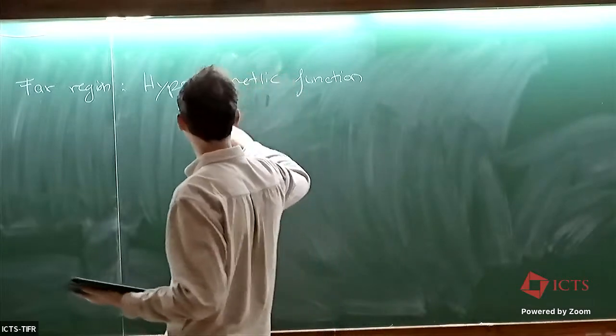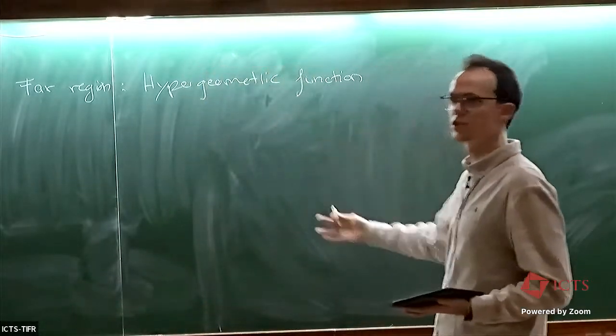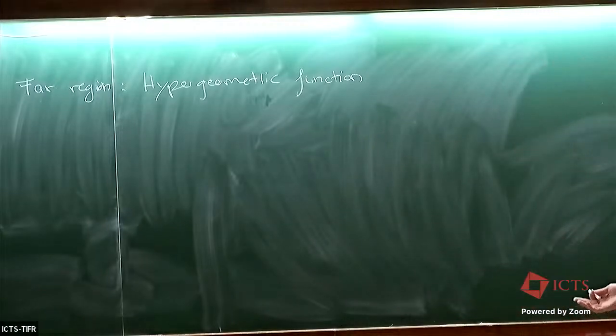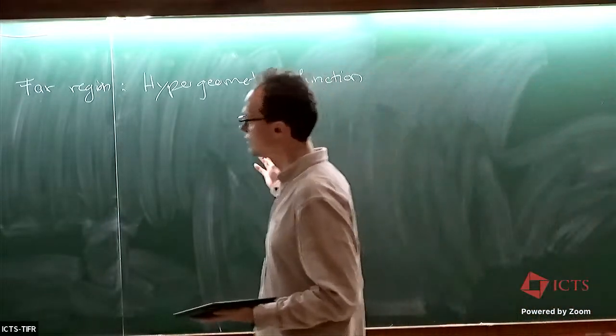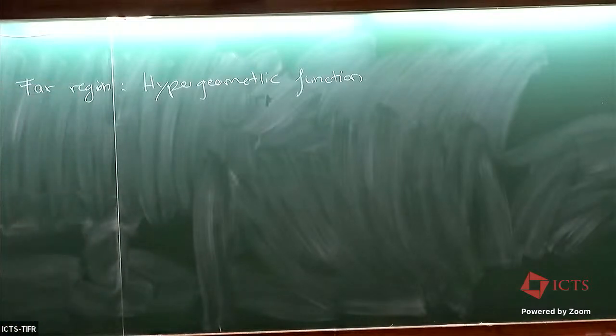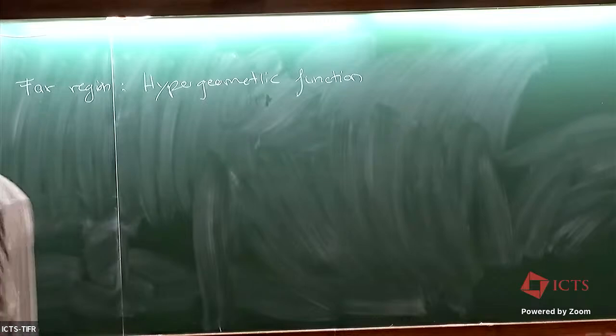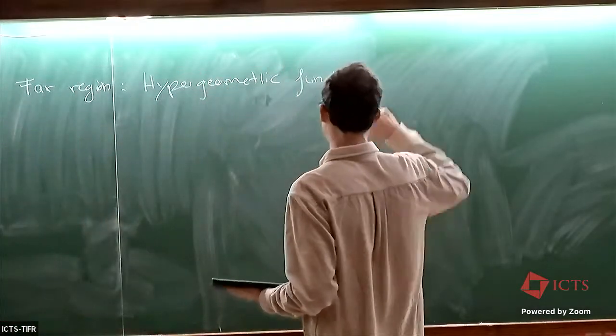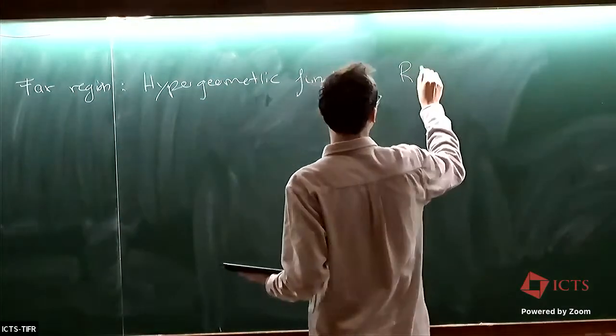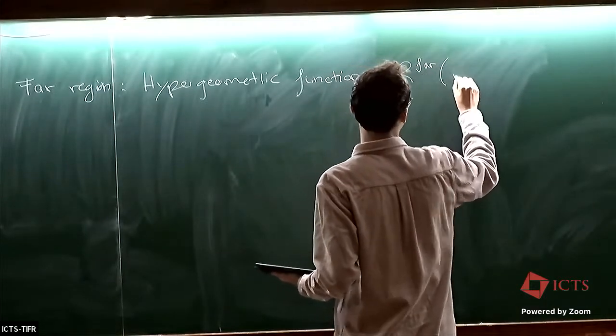And what we know is that there are two of these, because we have a homogeneous second order ODE, so we get two linearly independent solutions. Then we just pick the one that has the correct boundary conditions at large distances. That gives us, let's call it, the far field solution.